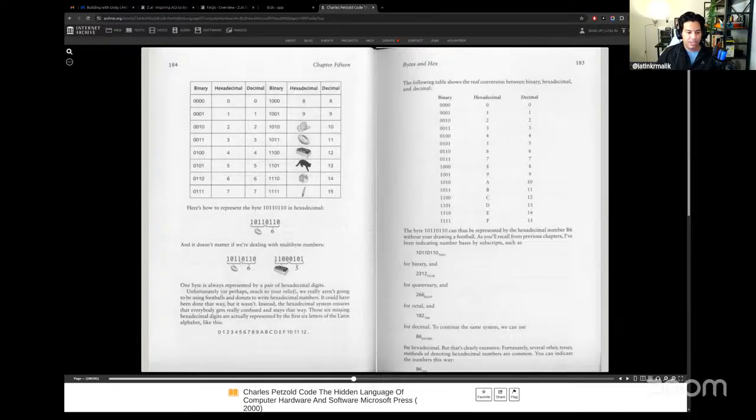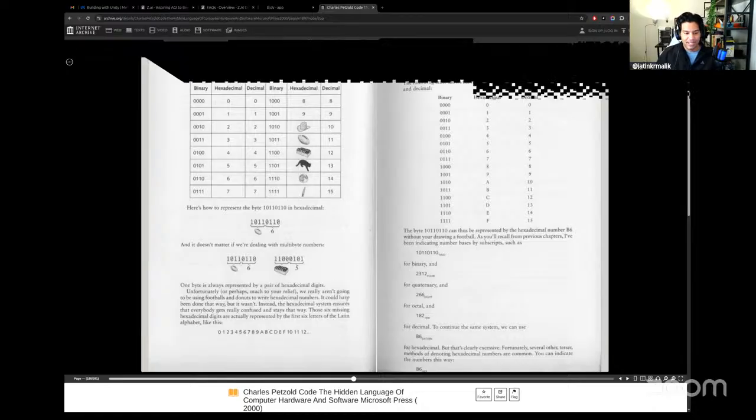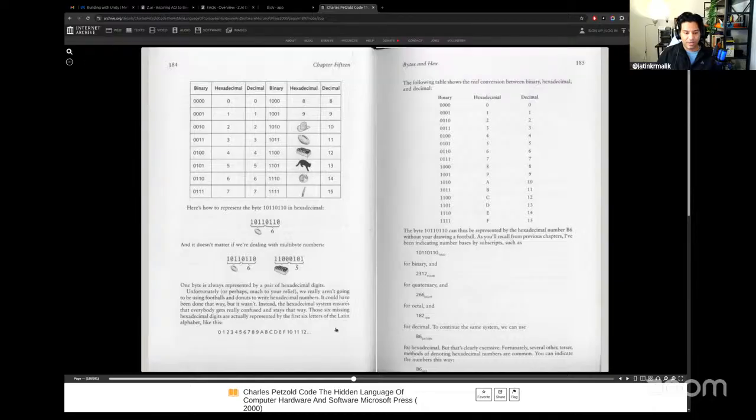Unfortunately, or perhaps much to your relief, we really aren't going to be using footballs and donuts to write hexadecimal numbers. It could have been done that way, but it was not. Instead, the hexadecimal system ensures that everybody gets really confused and stays that way. Those six missing hexadecimal digits are actually represented by the first six letters of the Latin alphabet.